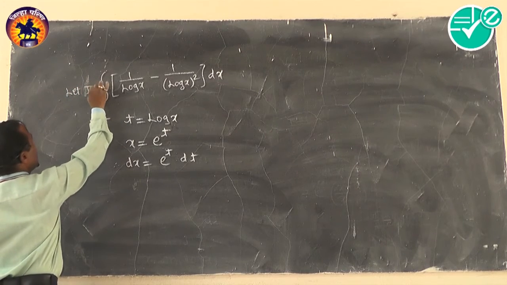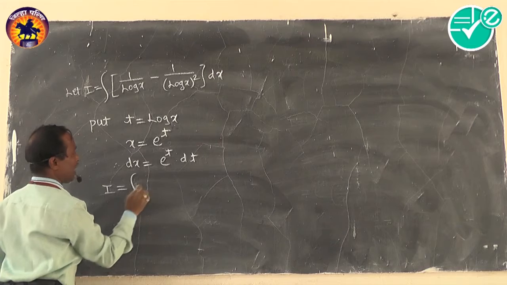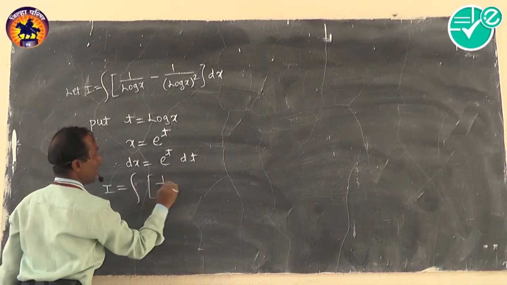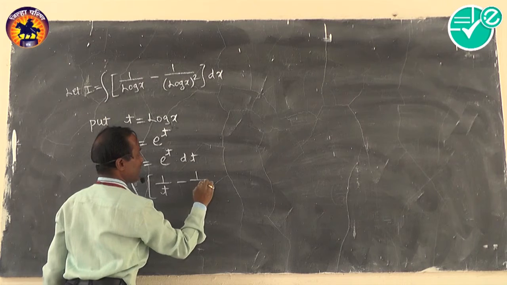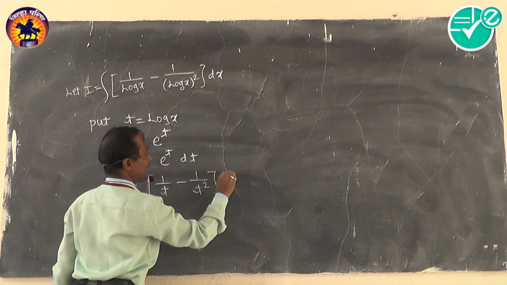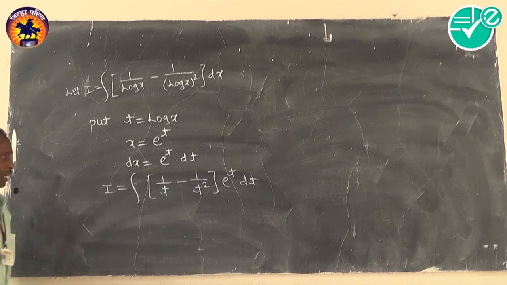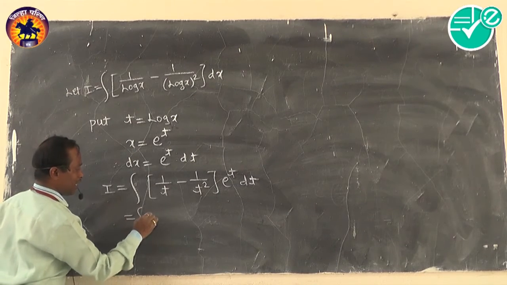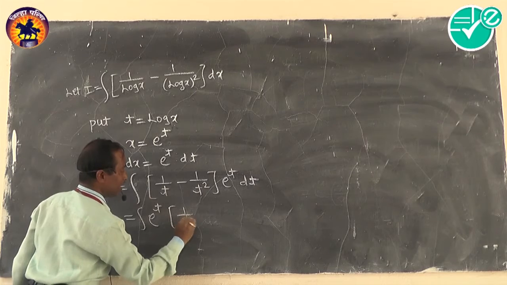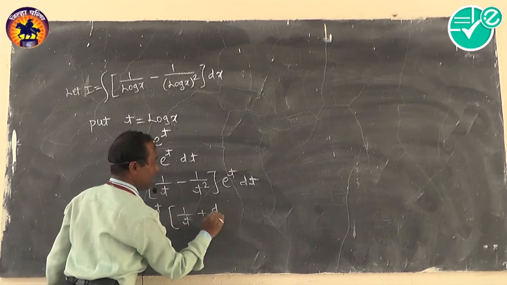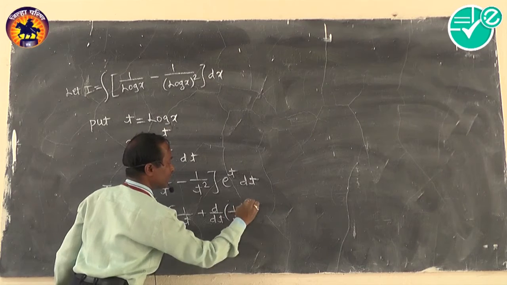Let I is equal to this function. I can be written as integral of (1 upon t minus 1 upon t square) into e raised to t dt. Now this can be written as integral of e raised to t into (1 by t plus d by dt of 1 by t) dt.